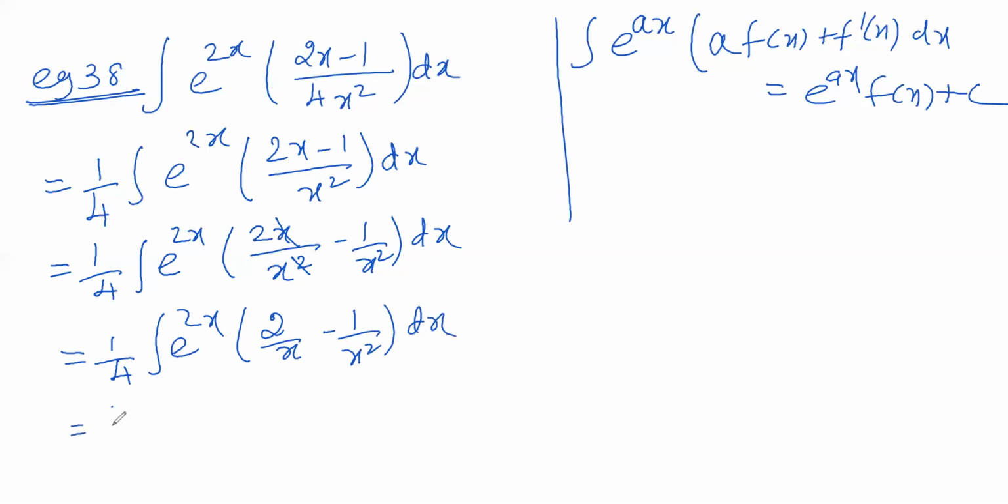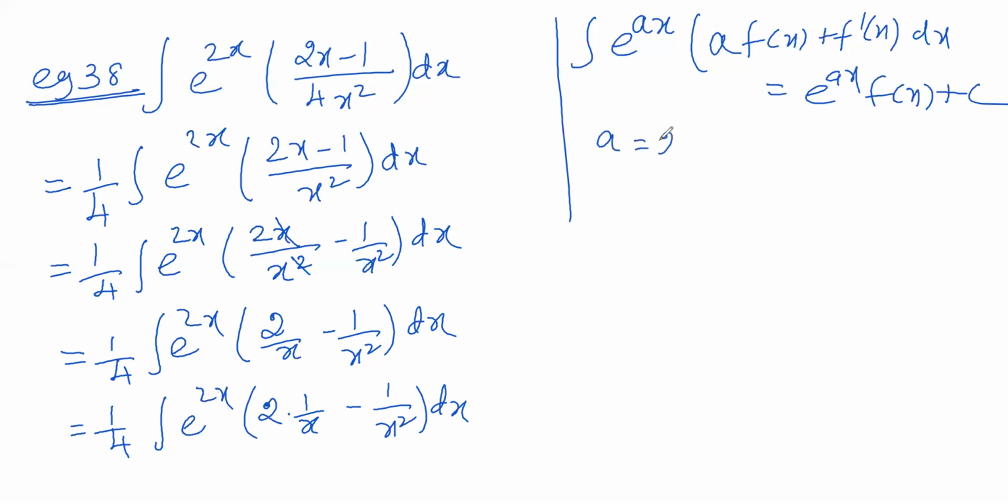And again I am writing this as 1 by 4 into e power 2x into, I am writing this as 2 into 1 by x minus 1 by x squared dx. See here, e power ax is e power 2x, here a is equal to 2.